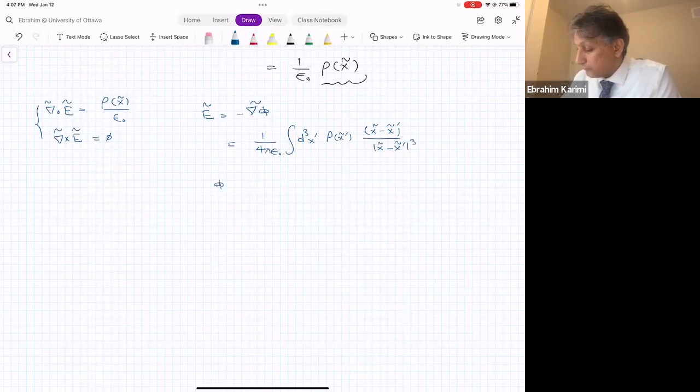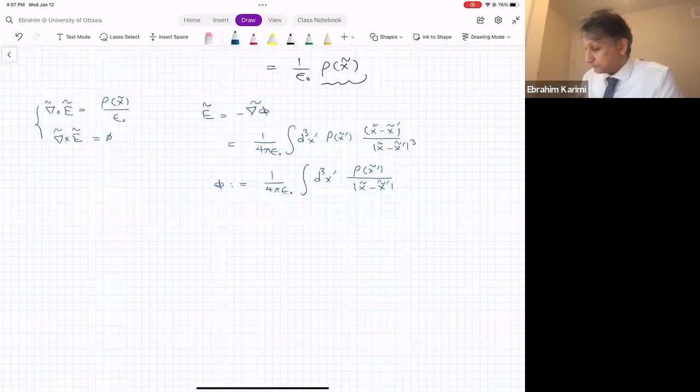And we define phi as 1 divided by 4 pi epsilon naught integral of d3x prime rho of x prime divided by |x minus x prime|. Okay, so that was the scalar quantity.